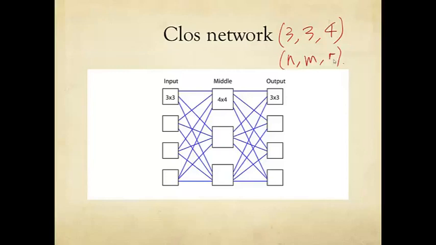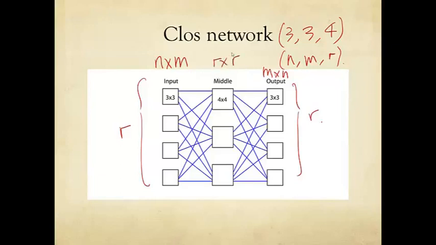Each input switch is n by m, and there are r of them. Each output switch by symmetry is m by n, and there are also r of them. And each middle switch is, of course, by dimensionality, r by r, and there are m of them.